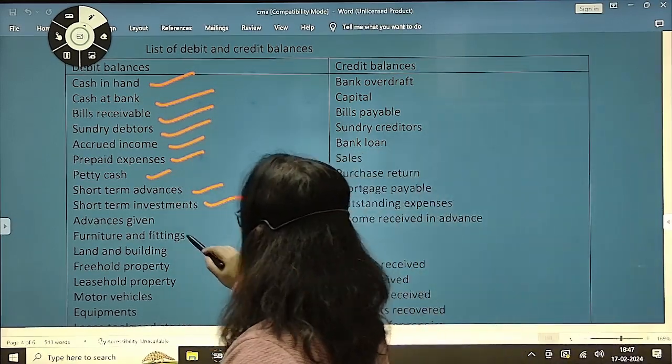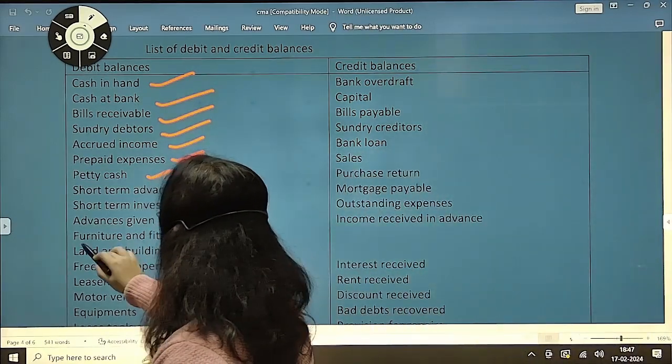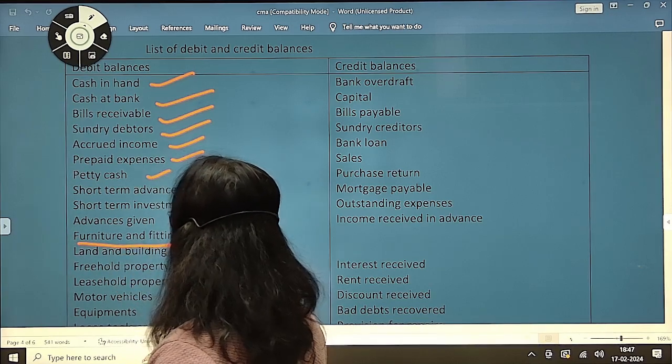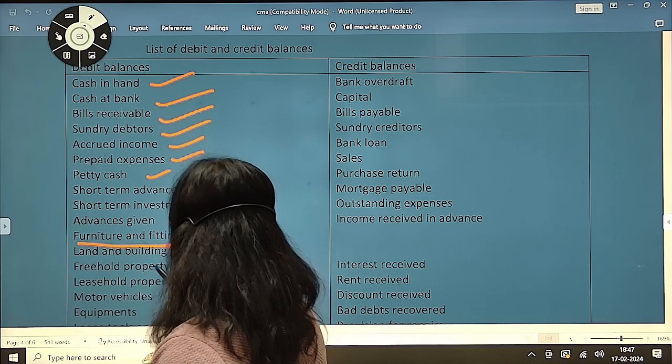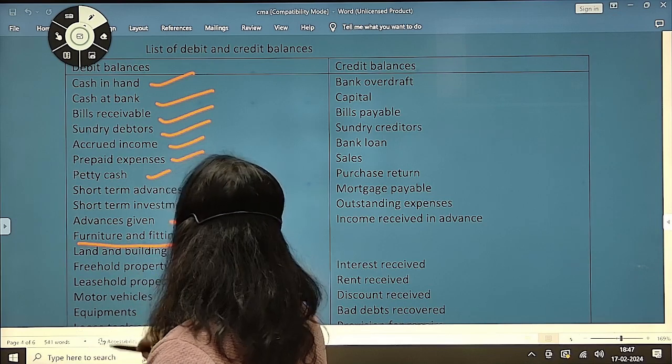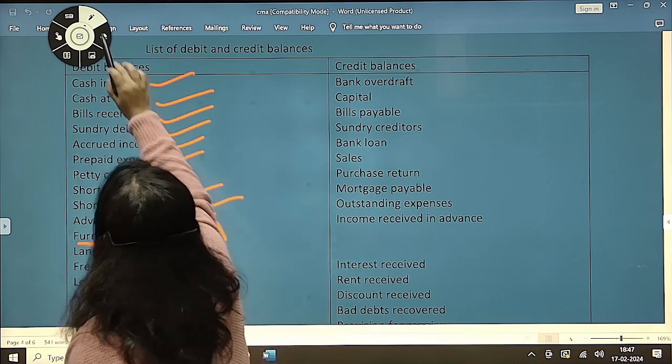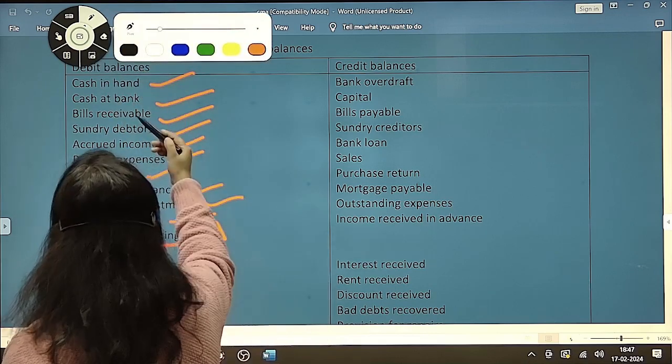Then advances given to someone, furniture and fittings, that is an asset, land and building, freehold property, leasehold property, motor vehicles, equipment. So these are your debit balances.